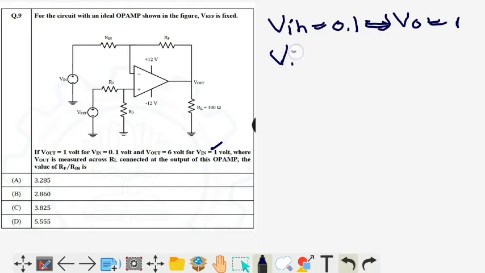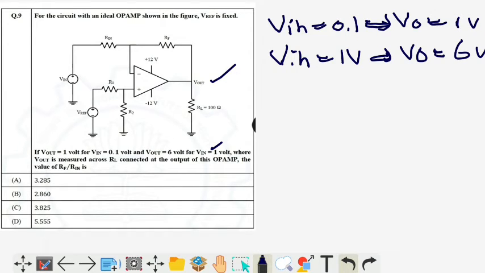So this is what is given, where Vout is measured across RL connected at the output of the op-amp.